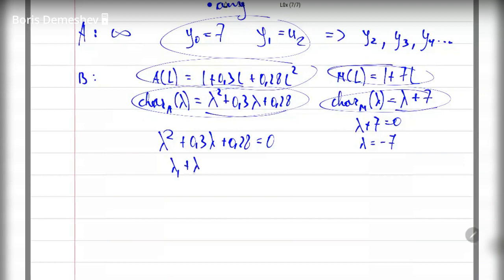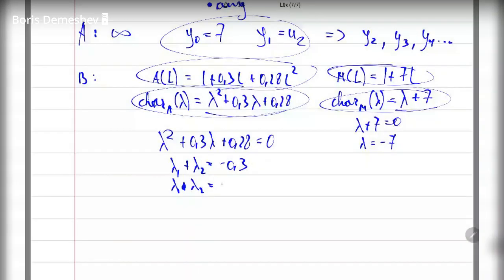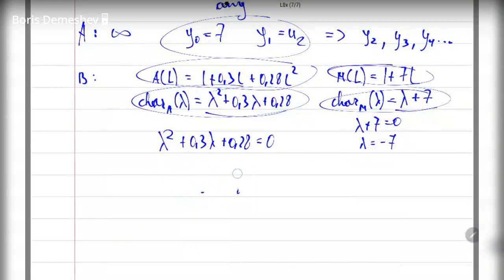What are the roots? Lambda 1 plus lambda 2 is minus 0.3. Lambda 1 multiplied by lambda 2 is 0.28. I'm confused. Okay, let's find the roots. The discriminant is 0.09 minus 4 times 0.28. That's less than 0.